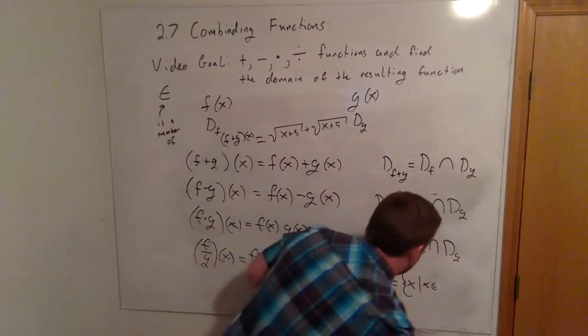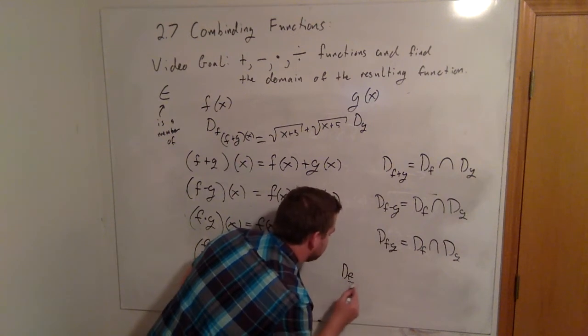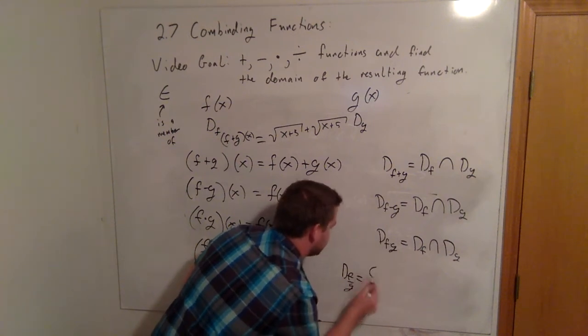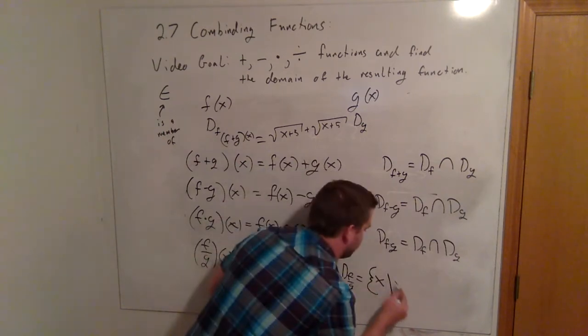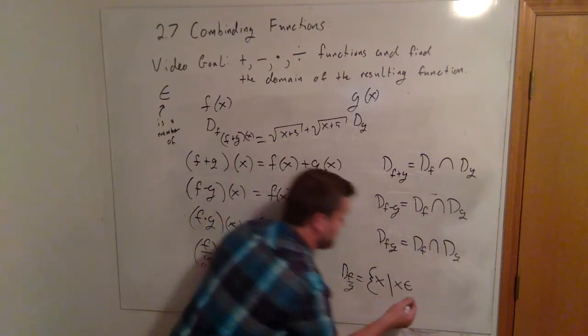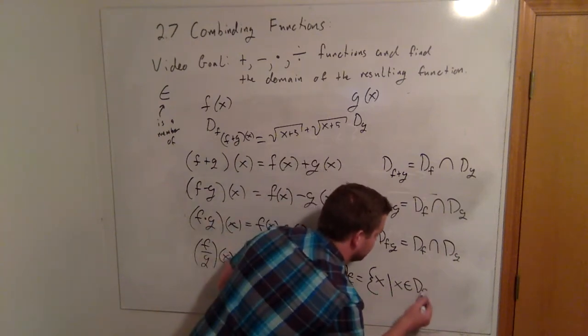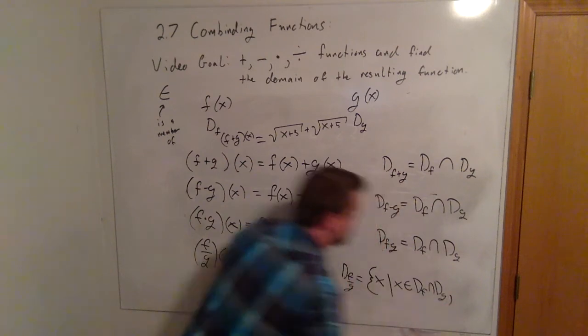Let's scoot this over a little bit. So the domain of f divided by g, we'll write it as a set. It's all x values such that it has to work for both of them, so all x that are a member of the intersection. But I need an extra condition here.